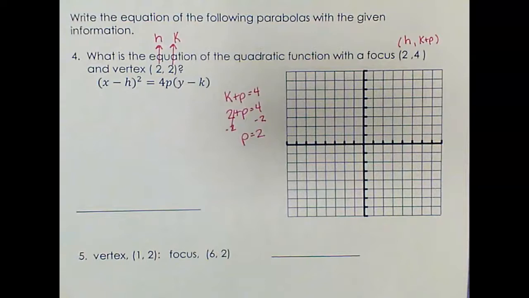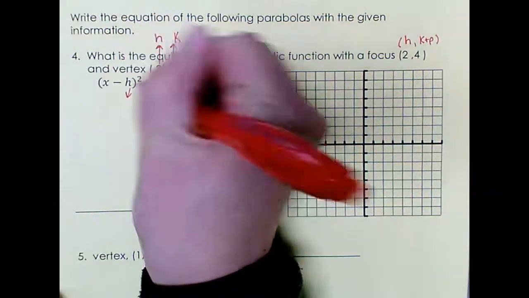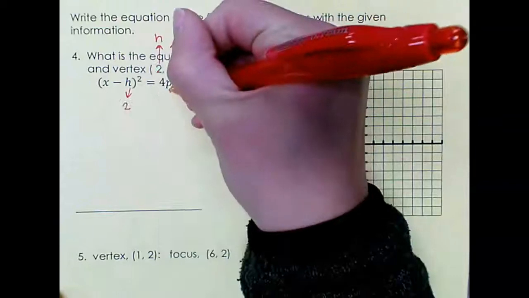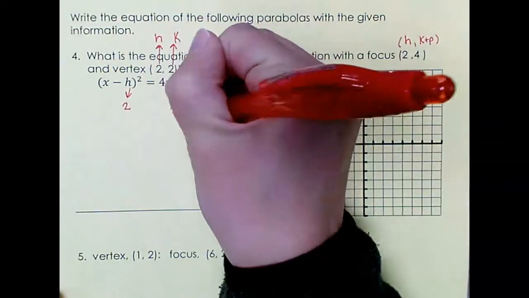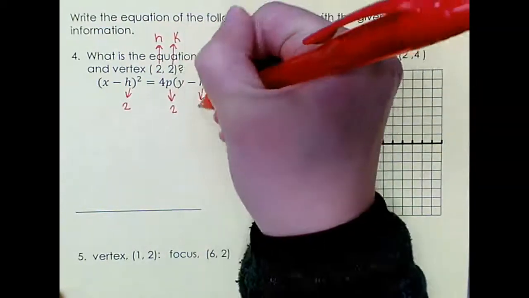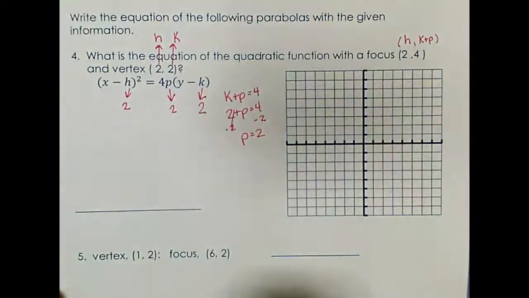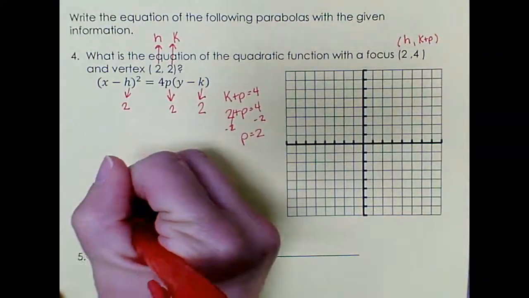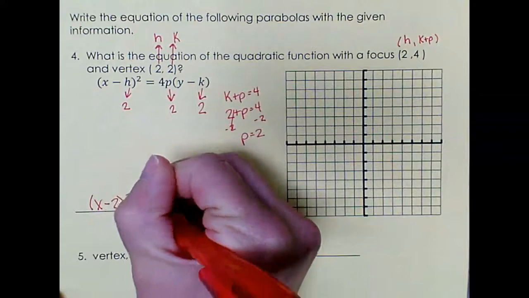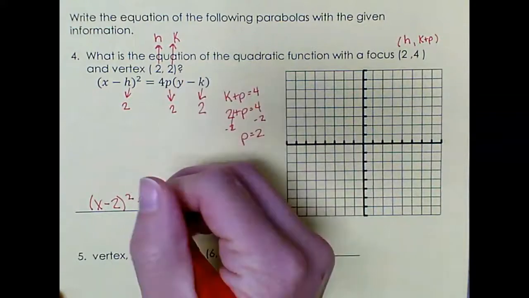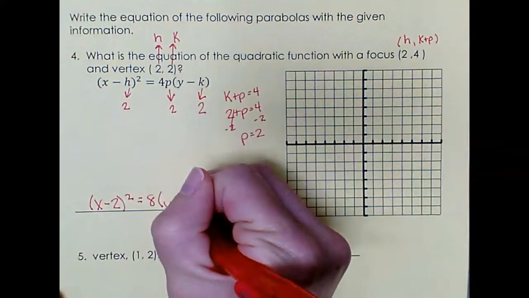P has to be 2. So if I'm looking for the quadratic equation in standard form, h would be 2, p would be 2, and k would be 2. So my quadratic equation is x minus 2 squared equals 4 times 2, that's 8, times y minus 2.